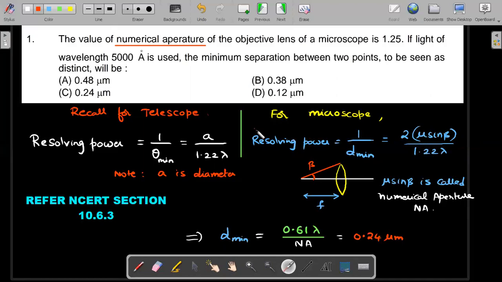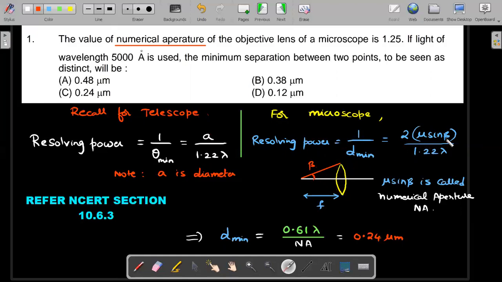To remember the formulae, they compare these two formulae and say whatever duty the aperture is doing in the numerator here, there is a number doing the same duty there. So here the aperture diameter or the radius is replaced by a pure number. What's the importance of this number? If you draw the microscope diagram under the minimum distance condition, imagine very close here, there are 2 points whose distance is D minimum, then those 2 points nearly subtend a half angle of beta with the objective of the microscope.